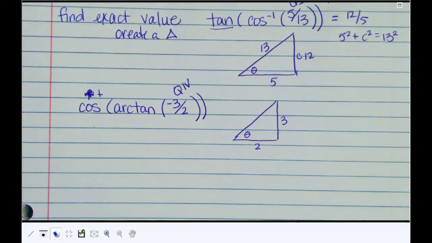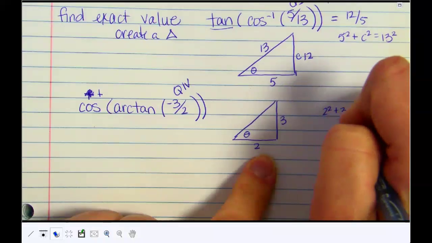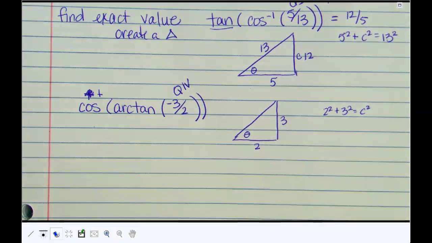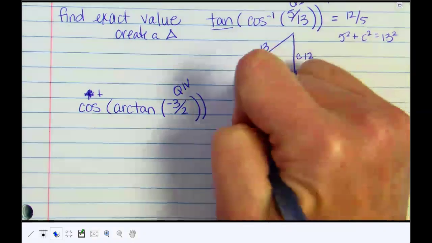How about square root of 13? 2 squared plus 3 squared equals c squared. So that's 4 plus 9, that's 13.